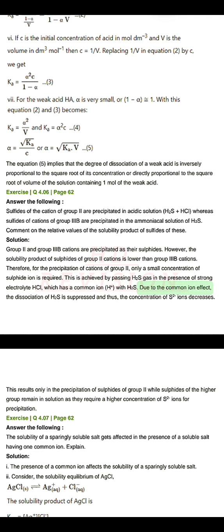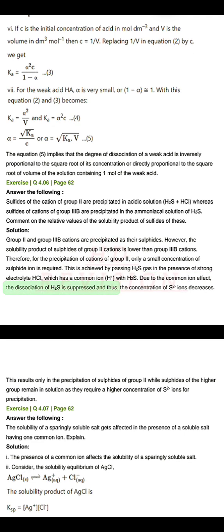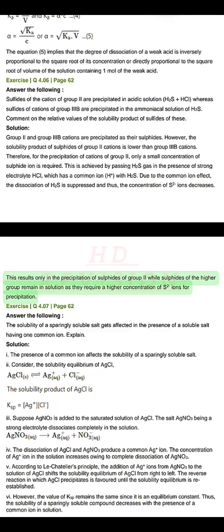Due to the common ion effect, the dissociation of H2S is suppressed and thus the concentration of S2- ions decreases. This results only in the precipitation of sulfides of group 2, while sulfides of the higher group remain in solution as they require a higher concentration of S2- ions for precipitation.